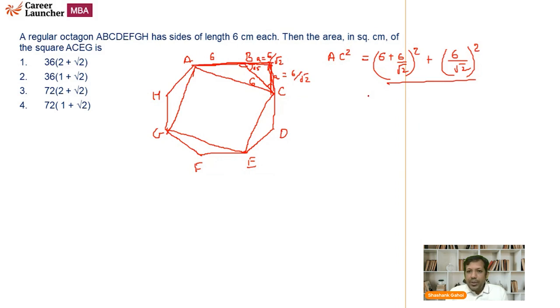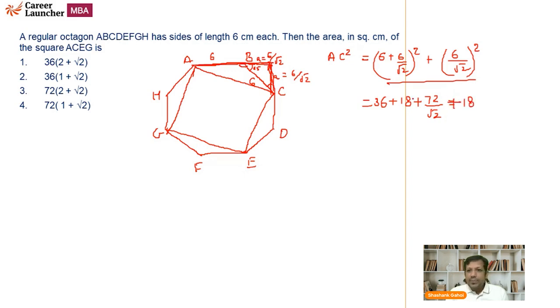So this is (a plus b) whole square. So this is going to be 36 plus 36 upon 2, that is 18, plus 2 into 6 into 6, that is 36 into 2, 72, 72 upon root 2. And this is simply 18.